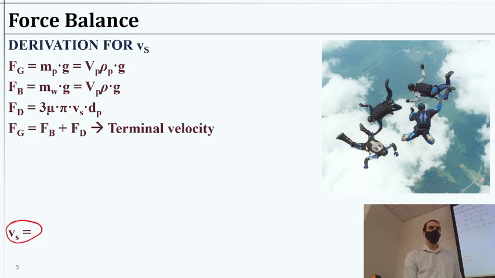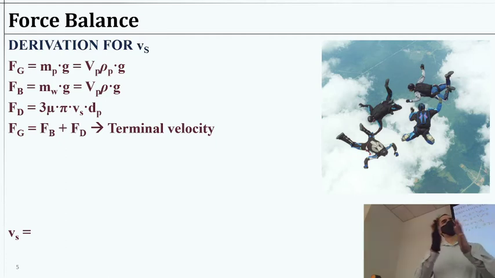That's what we're targeting, is how fast are these particles going to settle? Because if we can know that, then we know something about how to design a sedimentation basin, right? That's ultimately the thing that we're really interested in. Then we can map, okay, how much distance are they going to have to fall?